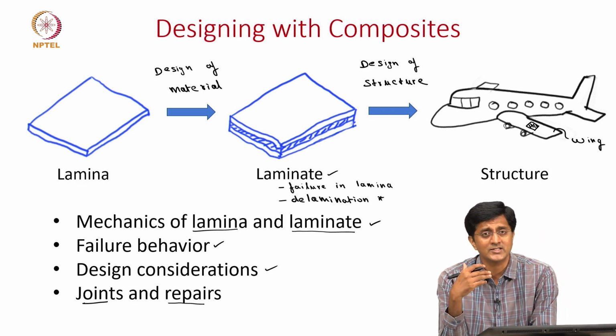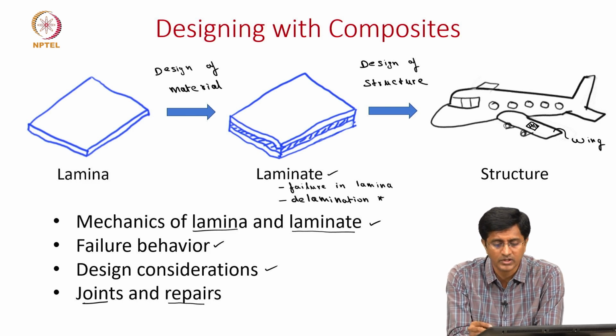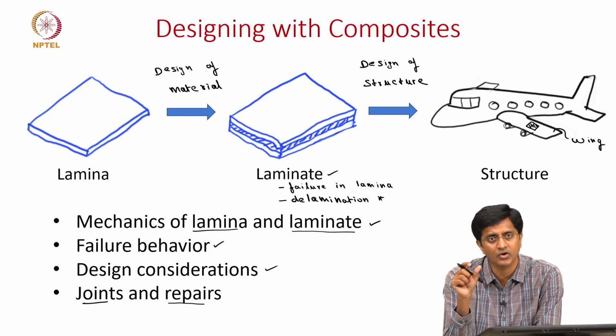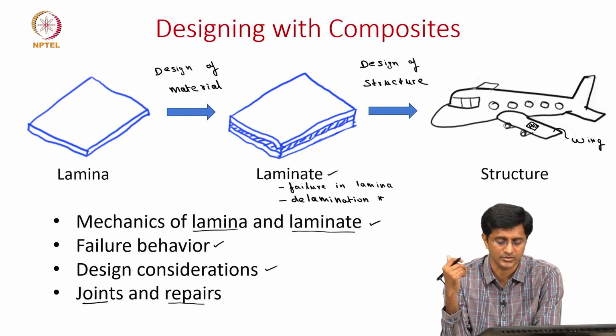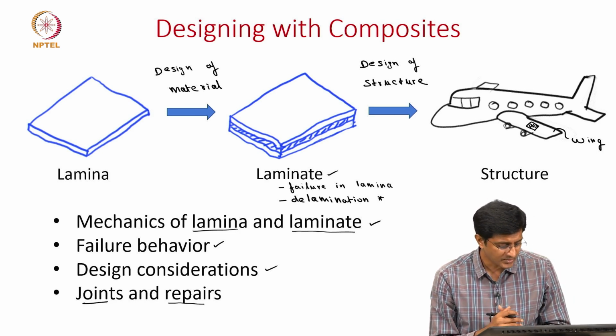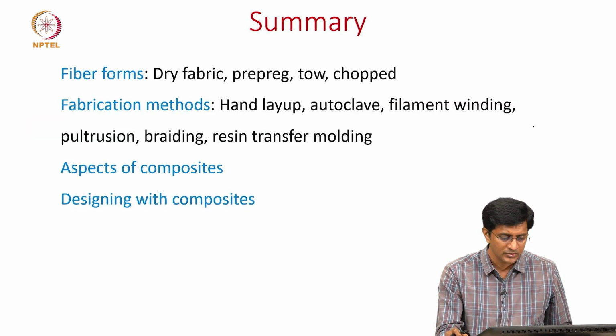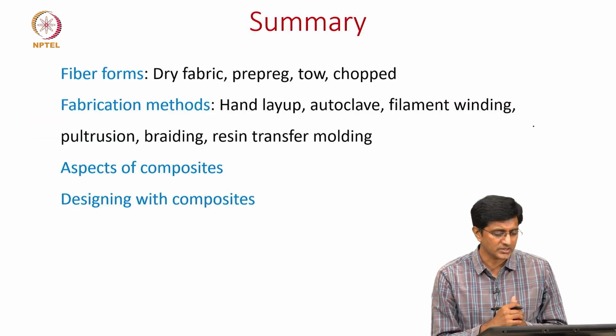Then the design aspects involved are how many layers we should have such that this particular defect is protected, and what the dimensions of this patch should be such that we are neither compromising the wing nor exposing it to any future failures. So, these are the design aspects one needs to be aware of if somebody is aspiring to become a composites designer. Now let us summarize what we have discussed in this video.